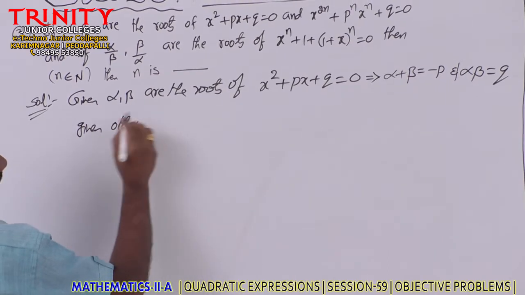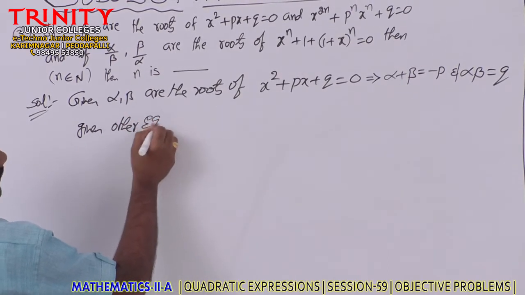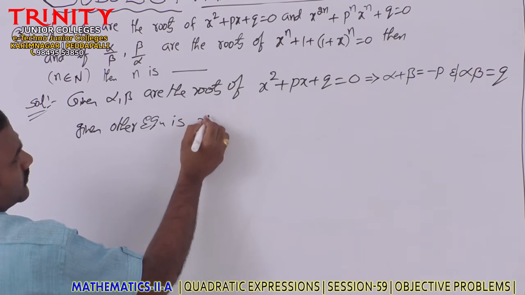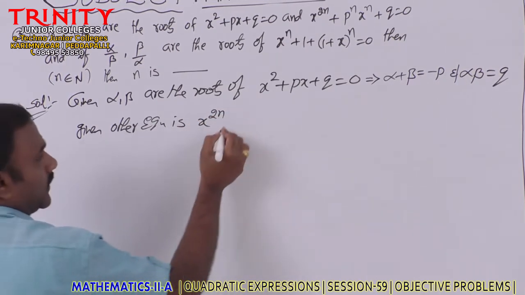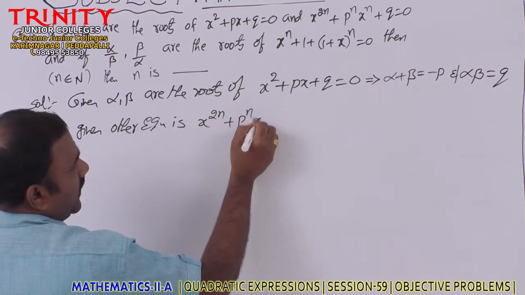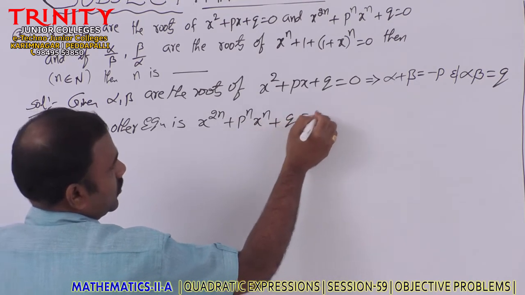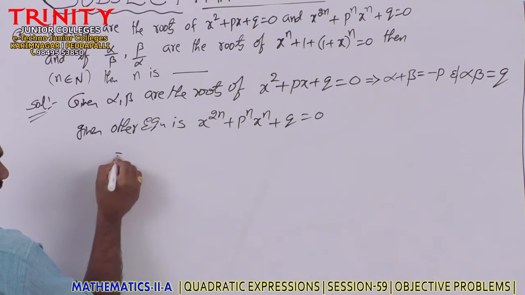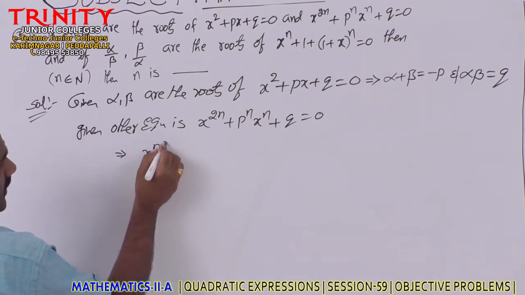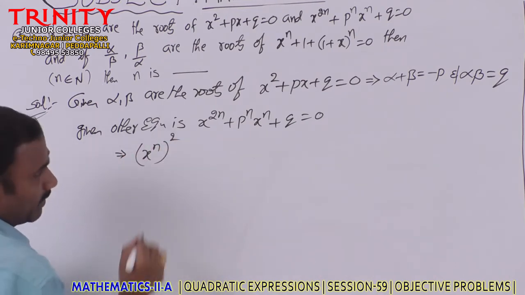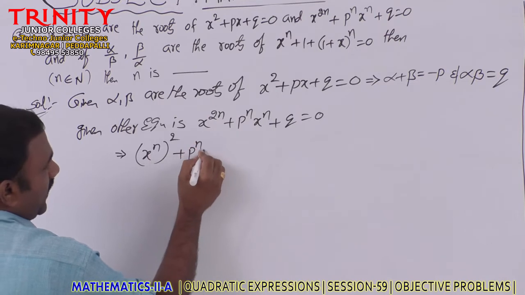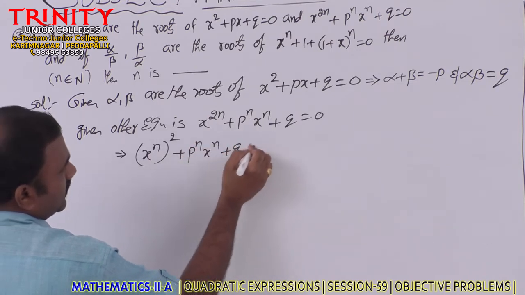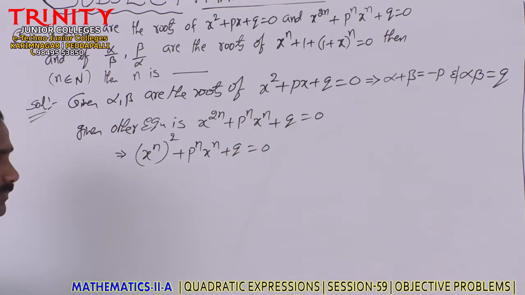Another equation: x^(2n) + p^n x^n + q = 0. This is given in terms of power n. Can I write this as (x^n)^2 + p^n x^n + q = 0?